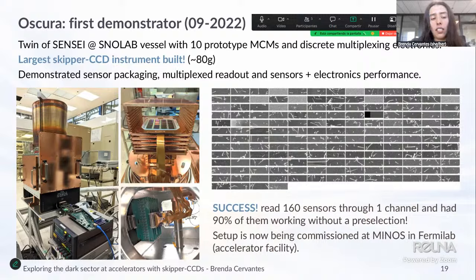So this vessel turned out to be the largest skipper-CCD instrument ever built, holding 80 grams. And here you can see a picture, each of these squares is a dark exposure of each of these sensors. So it was a success. We demonstrated the sensor packaging, the multiplexed readout, and the performance of both things together.